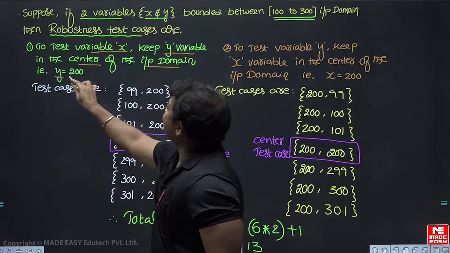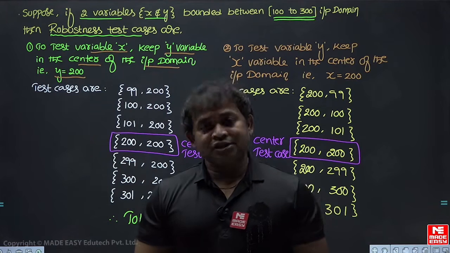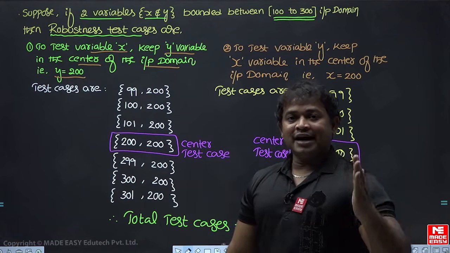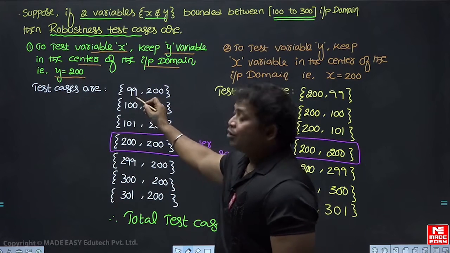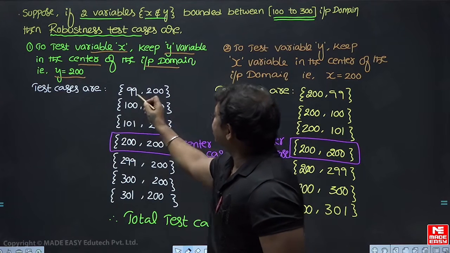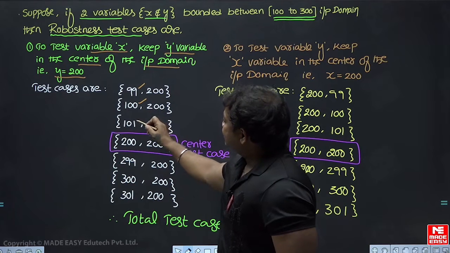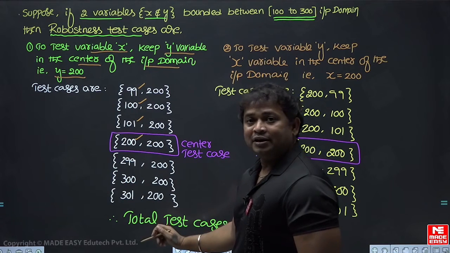To test variable x, keep variable y in the center of the input domain. What is the input domain center? 100 plus 300 divided by 2, that is 200. So y is kept in the center. Test x. Now what are the test cases? Lower limit is 100. Just below the lower limit, 99. Lower limit 100. Just above the lower limit, 101. Center 200.